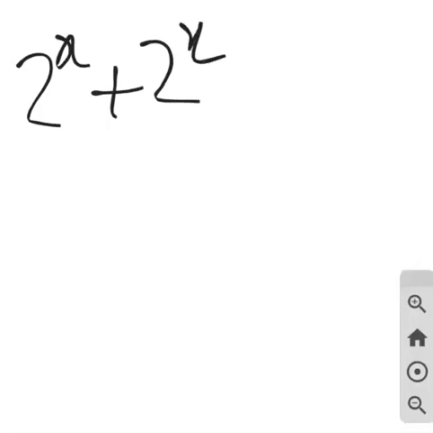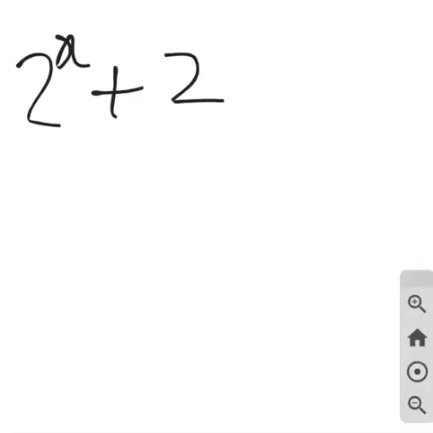Hey, as per my promise, this class is about some basic college algebra. Consider this algebraic equation: 2 to the power x. Here x is an exponent, as you know. So 2 to the power x plus 2 to the power x plus, keep on adding, like 8 times.